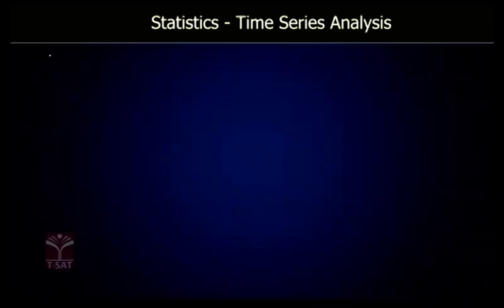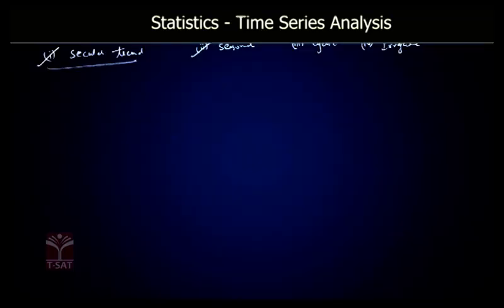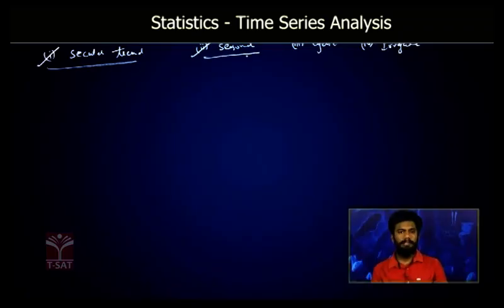Now, out of these, one is secular trend, or we can just call it trend, one is seasonal, the third one is cyclic, and the fourth one is irregular. We study only secular and seasonal variations: how to calculate the secular trend, as well as how to calculate the seasonal variation.